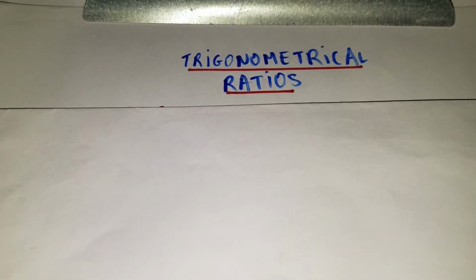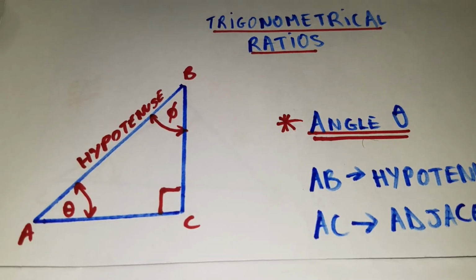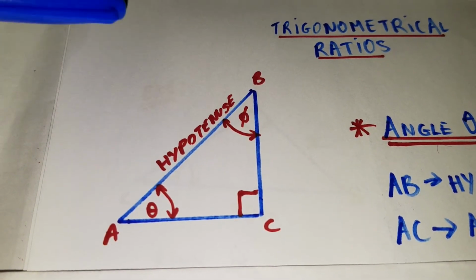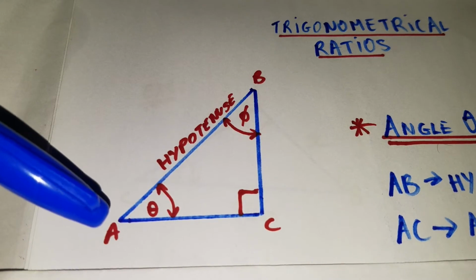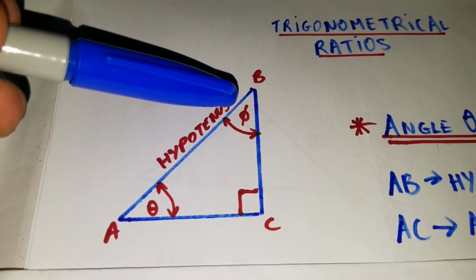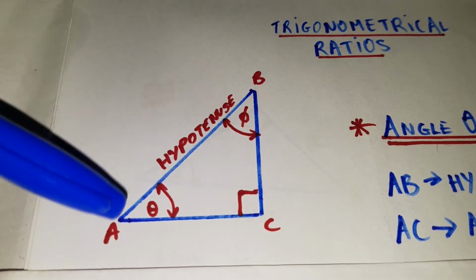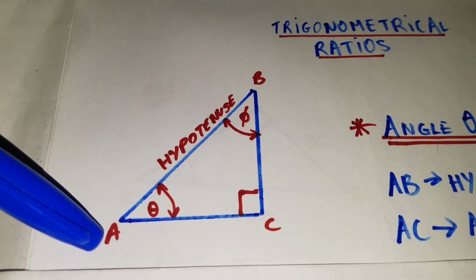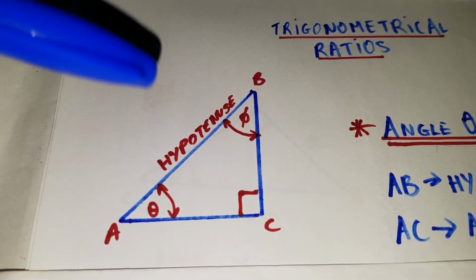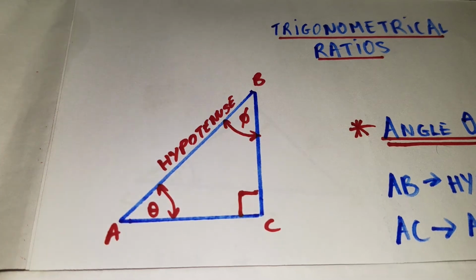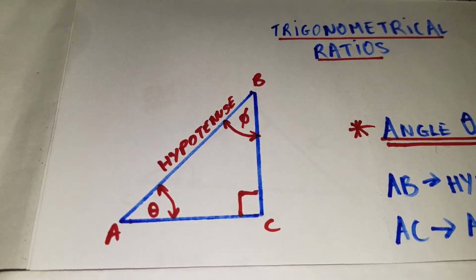We first have to understand that the basic trig ratios come from the right-angled triangle. Here we have a right-angled triangle A, B, and C. As you can see the right angle here, we have an angle here, phi, and an angle here, theta. The hypotenuse is running from A to B. The hypotenuse is a term that is only given when we're dealing with right-angled triangles.